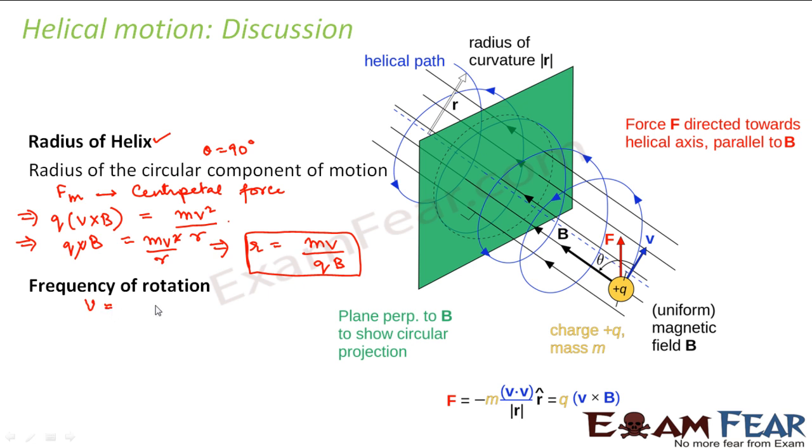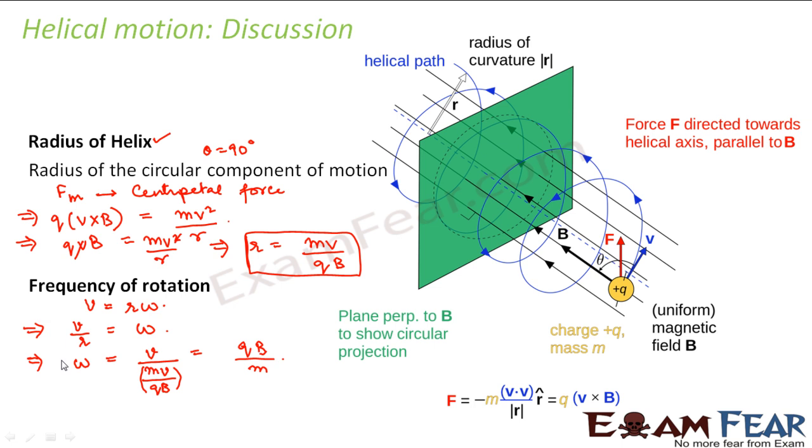We know that linear velocity is related to angular velocity this way, that is, velocity v is equal to r into omega, where omega is the angular velocity and r is the radius of the circular path. So from this, we can say that v by r is equal to omega. Now, we have already derived an expression for r, so we can put that, so it becomes v divided by mv by qB, which becomes qB divided by m.